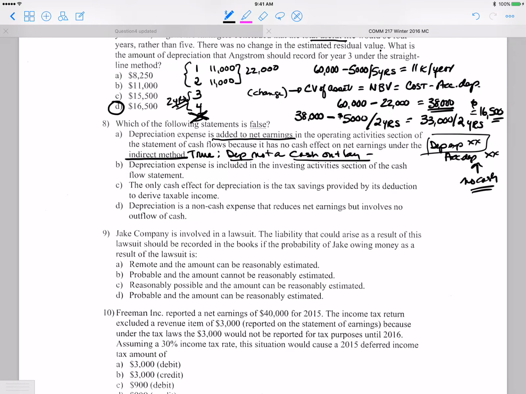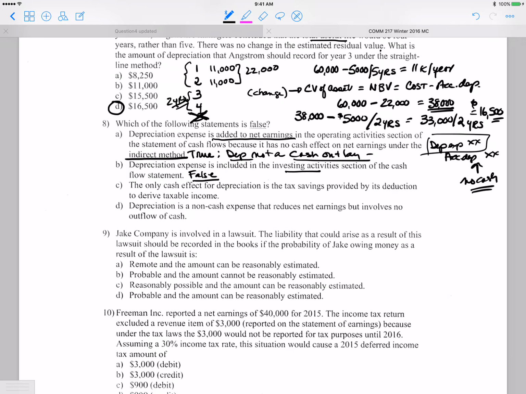B, depreciation expense is included in the investing activities section of cash flow. Well, this is false. It's not included in the investing activities.